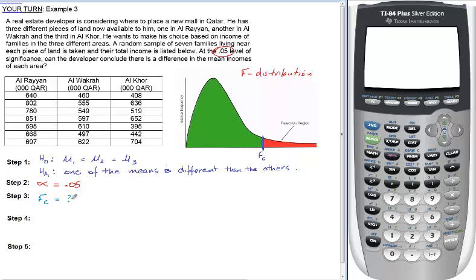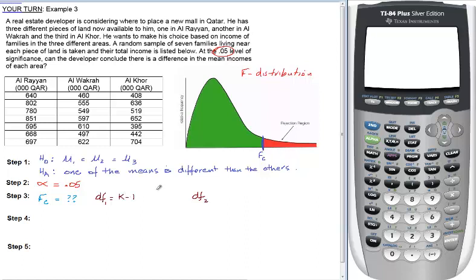Now, how do you find a critical value? How do you find this number that divides the 2 regions? Well, it comes from a list of F ratios already calculated for us based on 2 things. The degrees of freedom of the numerator, I'll call that DF1, and the degrees of freedom of the denominator, and I'll refer to that as DF2. Now, the degrees of freedom of the numerator, okay, is K minus 1.